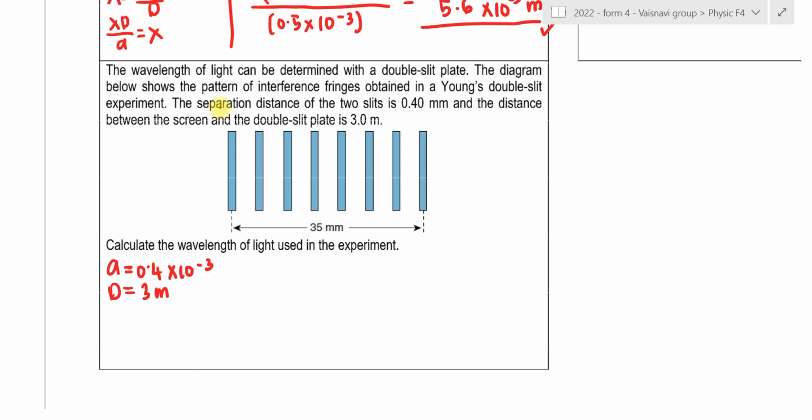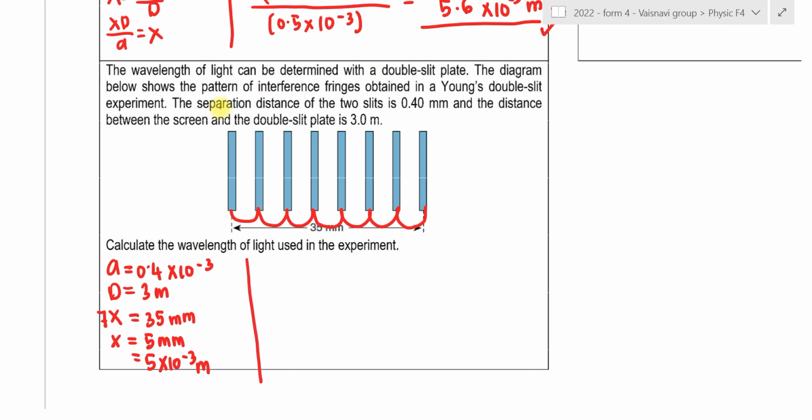We want to find the wavelength. Before that we must find X. What is this X? We must find it first. 1X, 2X, 3X, 4X, 5X, 6X, 7X. 7X is 35 mm. So X is 5 mm. 5 mm is 5 times 10 to the power of negative 3 meter.